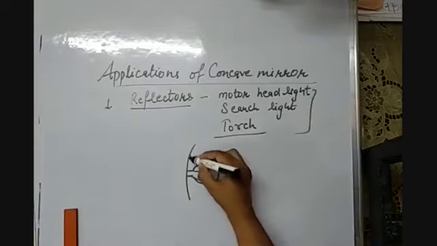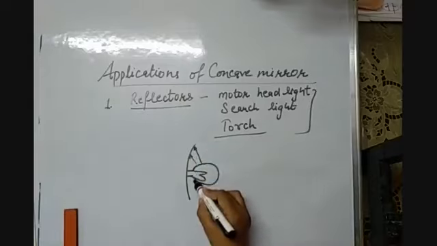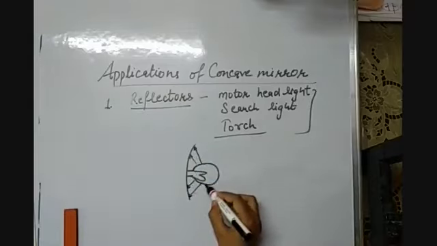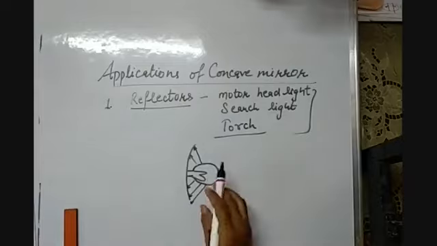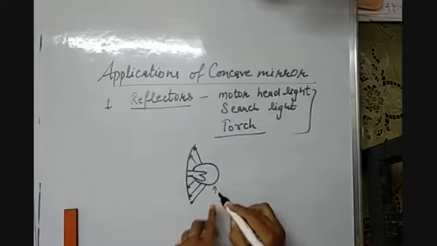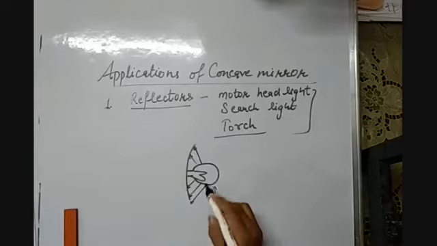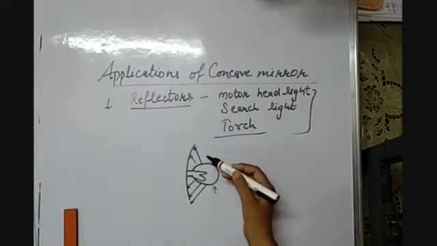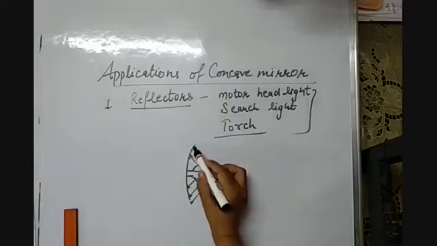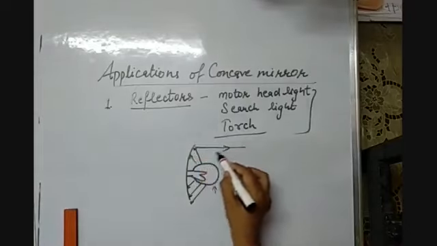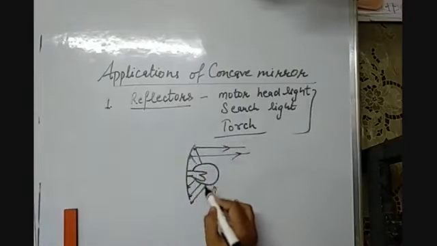The radiations which go to the reflecting mirror, as this lamp is placed at the focus of this spherical mirror, as these are coming from the focus, will pass parallel to the principal axis after reflection.